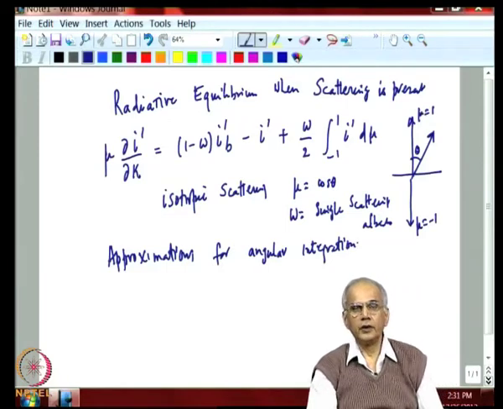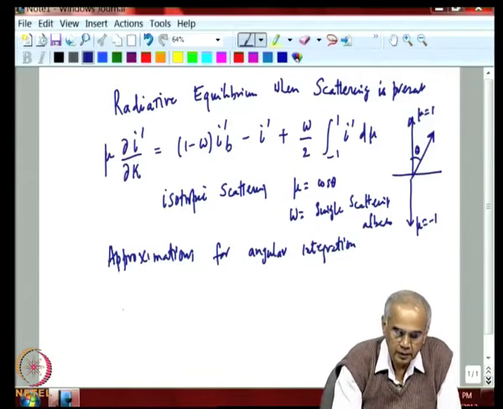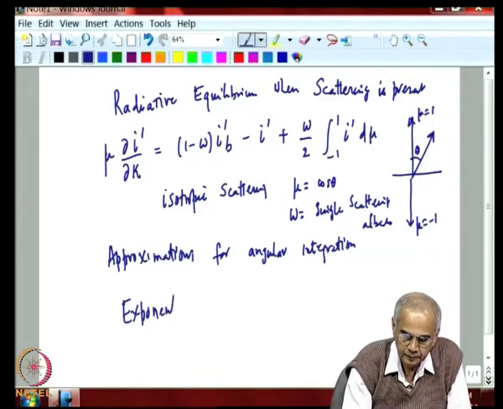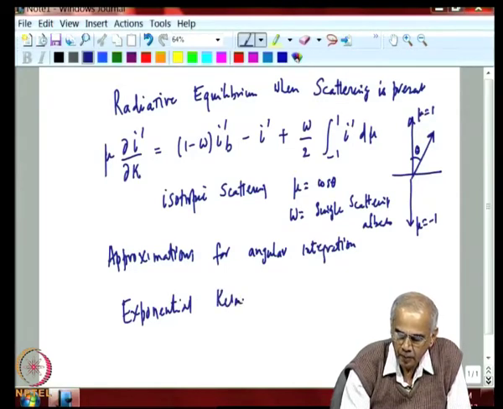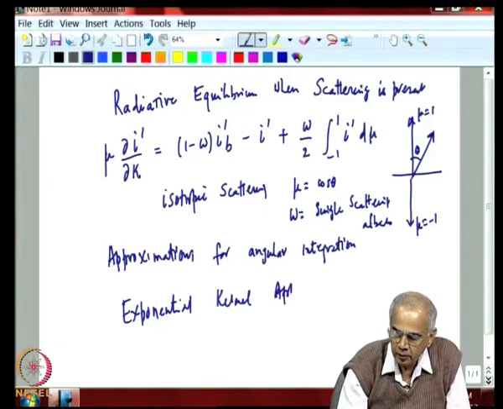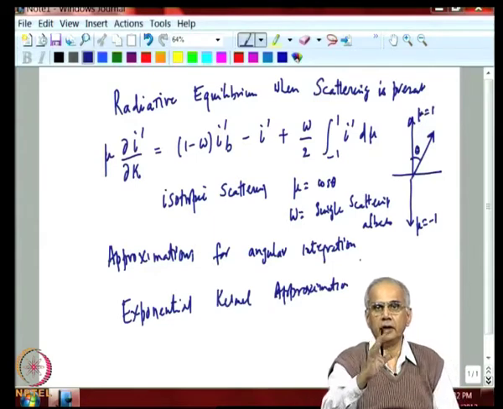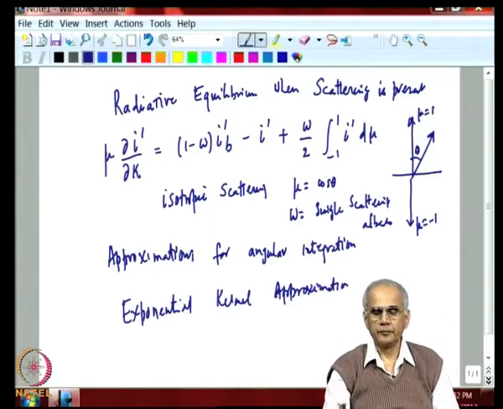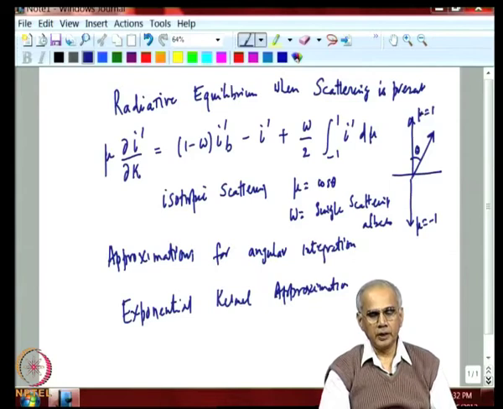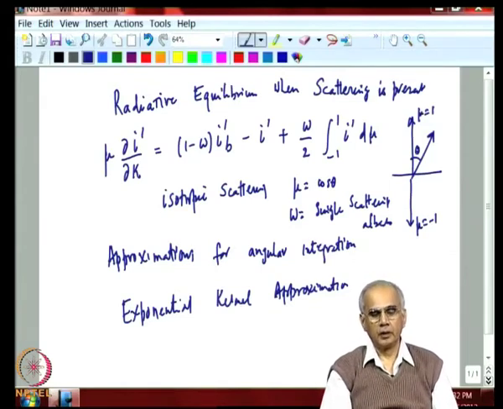If you recall, we discussed the exponential kernel approximation in early lectures, which essentially involved replacing the rays traveling in various angles with a single ray at a specific angle, and we saw that this approximation was quite useful.